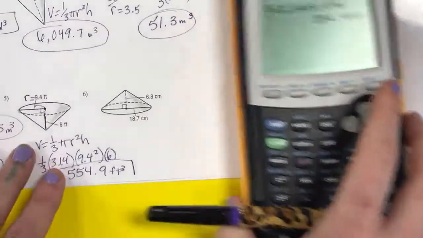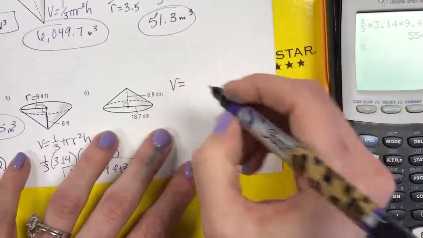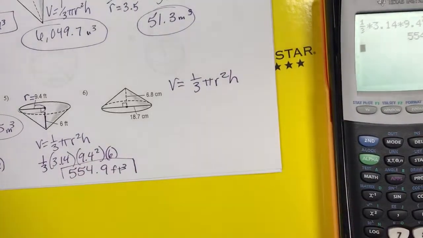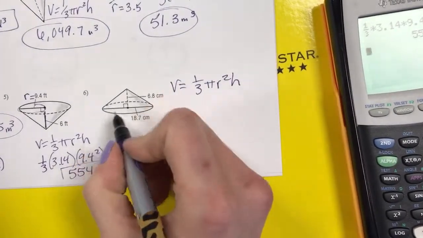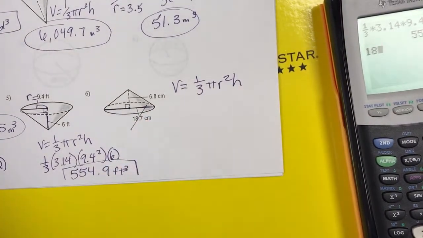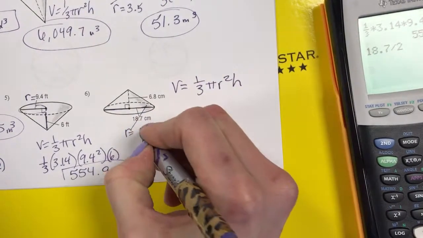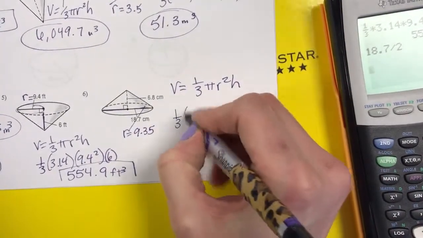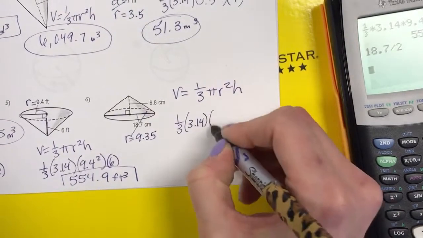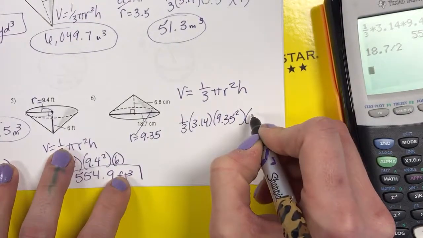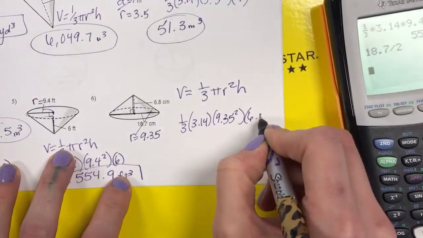Okay, last one, number 6. Write your formula down, 1/3 pi r squared times height. This is another one you have to pay close attention to. It gives you a line all the way across, and we don't want that. We want half of that. So 18.7 divided by 2 is 9.35. Now that I have my radius, I can plug everything in. 1/3, 3.14 is pi, the radius, 9.35 squared, times the height of the cone, which was 6.8.